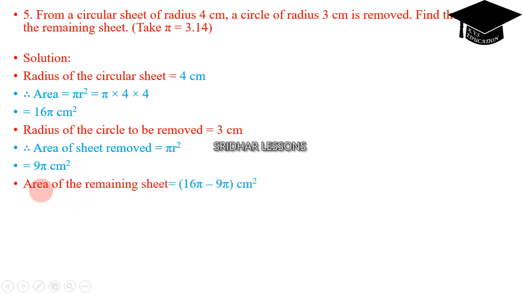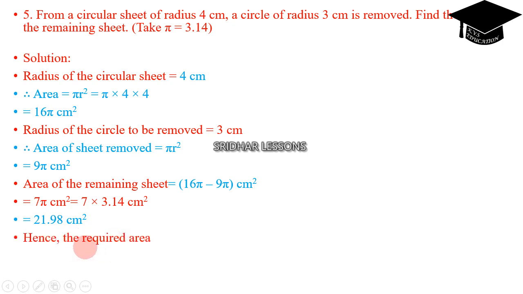And we have to find the area of the remaining sheet, which is equal to 16 pi minus 9 pi centimeter square, which is equal to 7 pi centimeter square. The value of pi we have to take as 3.14. So 7 into 3.14 centimeter square, which is equal to 21.98 centimeter square. Okay. So the required area is 21.98 centimeter square.